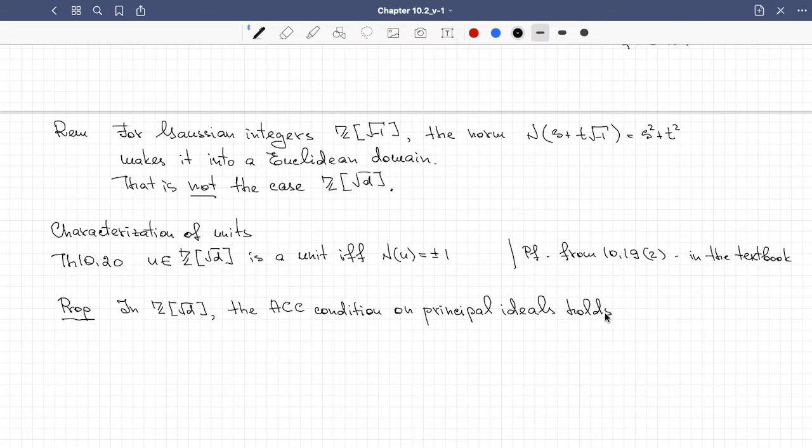This proposition allows us to conclude, as it was discussed in the previous section, the existence clause in the fundamental theorem of arithmetic.